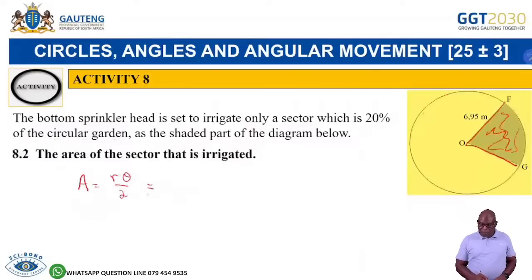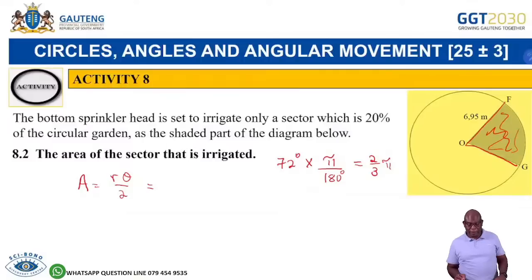So now my r is going to be... first of all, I must change that angle, 72 degrees, to radians. For me to change it, the angle that I want must be at the bottom. So this angle in radians is 2 over 3 pi. Now it's in radians. Then I substitute my radius.